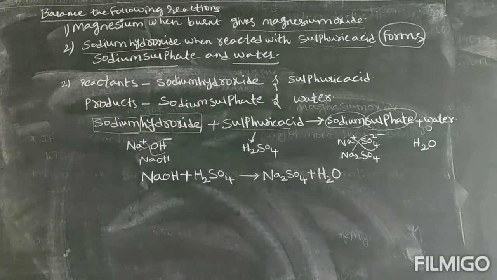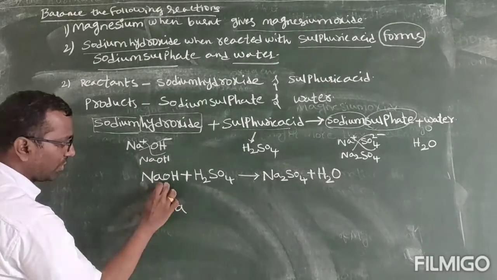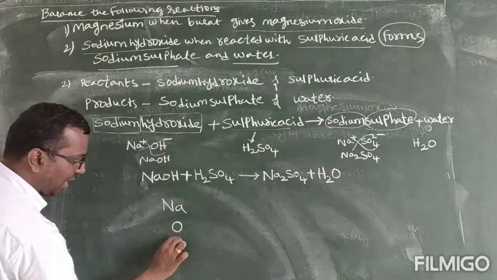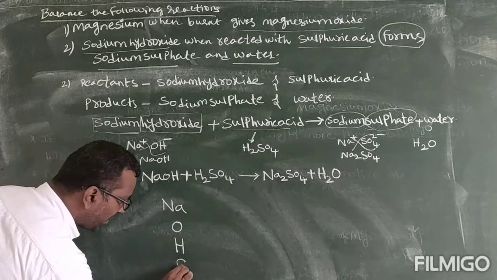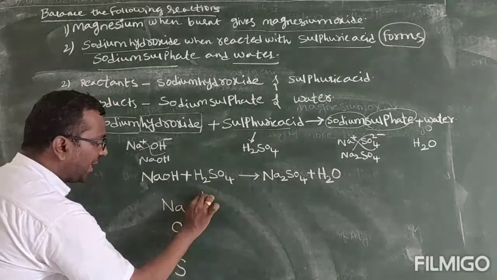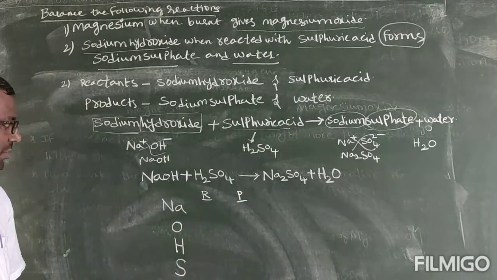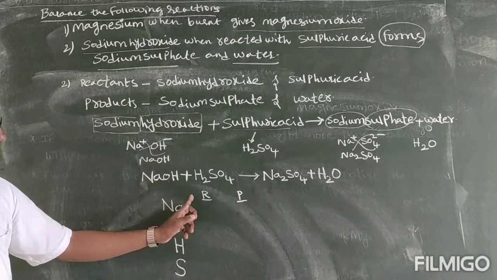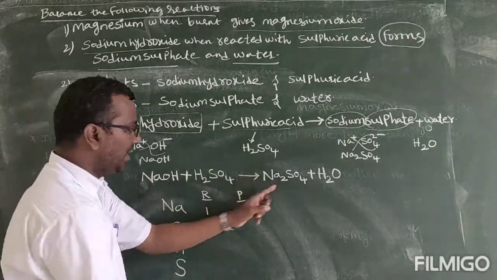Now what you will do? You have to identify what are the elements. First, sodium, oxygen, hydrogen already written, sulfur, oxygen is already written. Now you calculate how many are on the reactant side and how many on the product side. Sodium: 1 on the reactant side, product side 2.